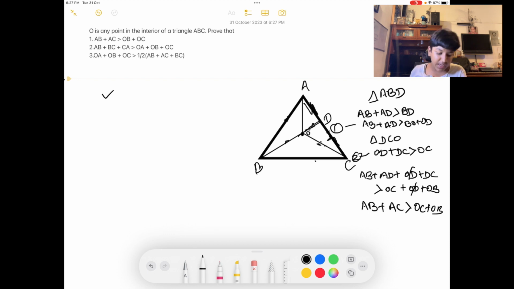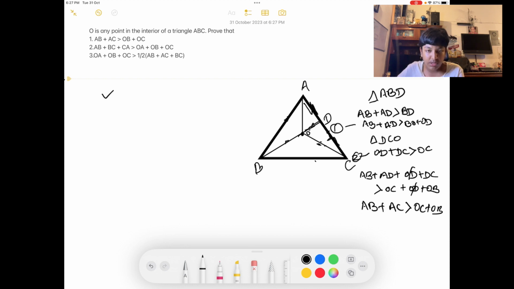Now the second part is saying that AB plus BC plus AC is greater than OA plus OB plus OC. Now this may look complex, but we have already proven more than half of it. We have shown that AB plus AC is greater than OB plus OC.